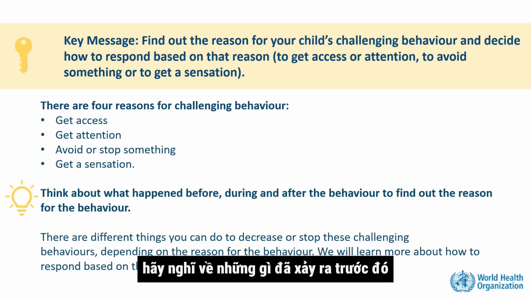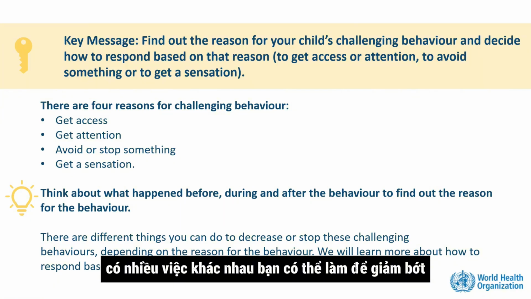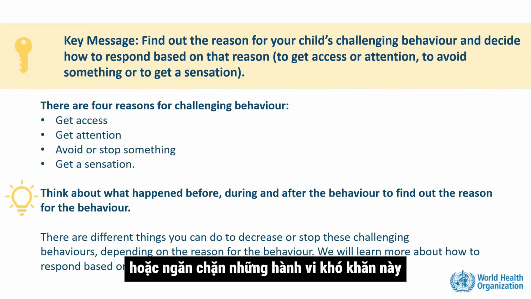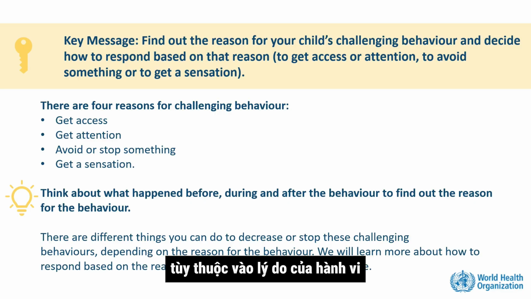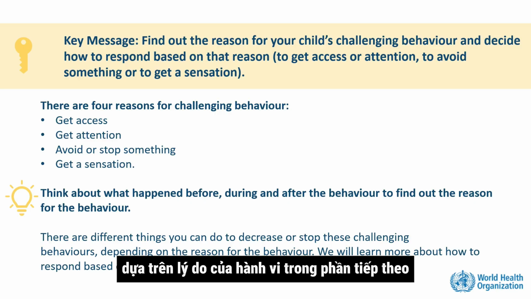Think about what happened before, during, and after the behavior to find out the reason for the behavior. There are different things you can do to decrease or stop these challenging behaviors, depending on the reason for the behavior. We will learn more about how to respond based on the reason for the behavior in the next module.